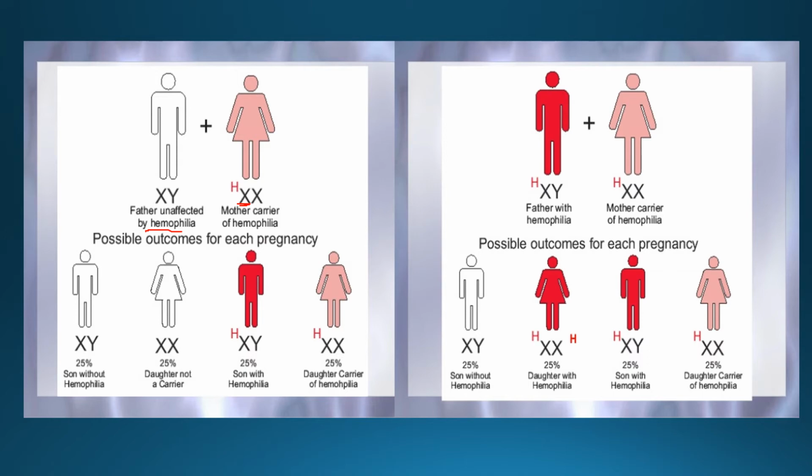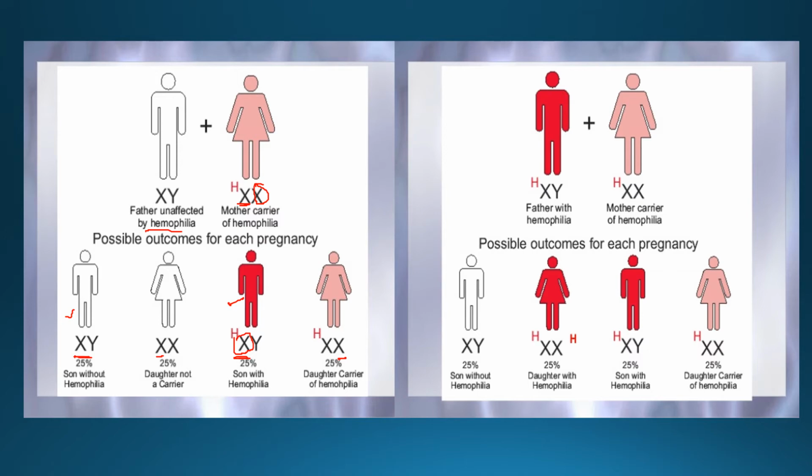Now, the son always inherits the X chromosome from the mother, so 50% of the sons inherit the mutant one and will be affected, whereas the other one will be normal, because he inherits the normal one from the mother. And since the father is normal, the girl child will receive the normal X chromosome from the father.